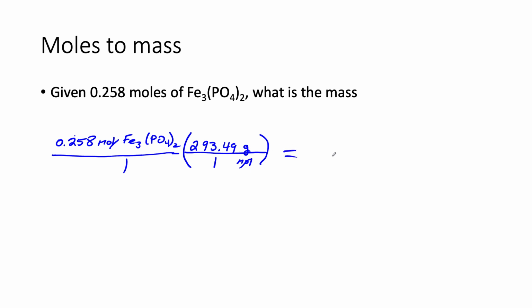So multiply the top, my moles cancel, times 2.58. My answer is going to be 757.2. And to be honest, I got 3 digits, so it's just going to be 757 grams of iron phosphate.